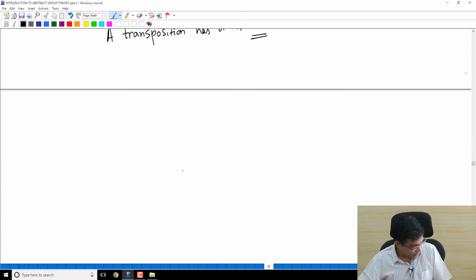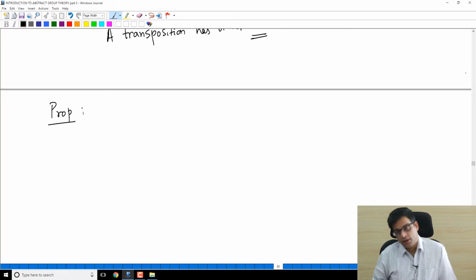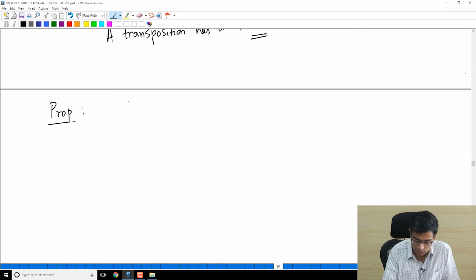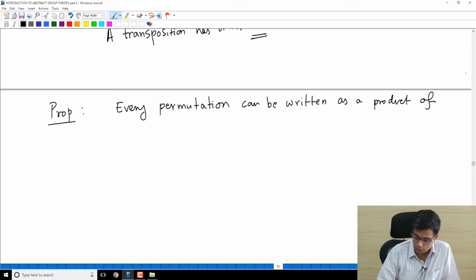Now let us see if we can write any element as a product of transpositions. Let me write the proposition, then we'll look at some examples and then prove that. Every permutation can be written as a product of transpositions or two cycles.